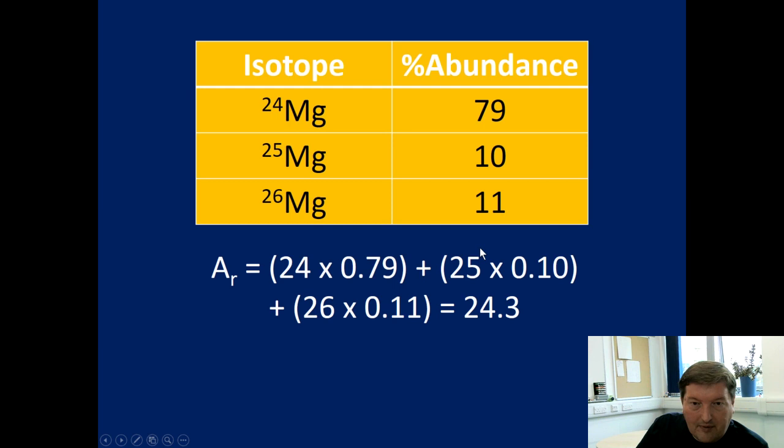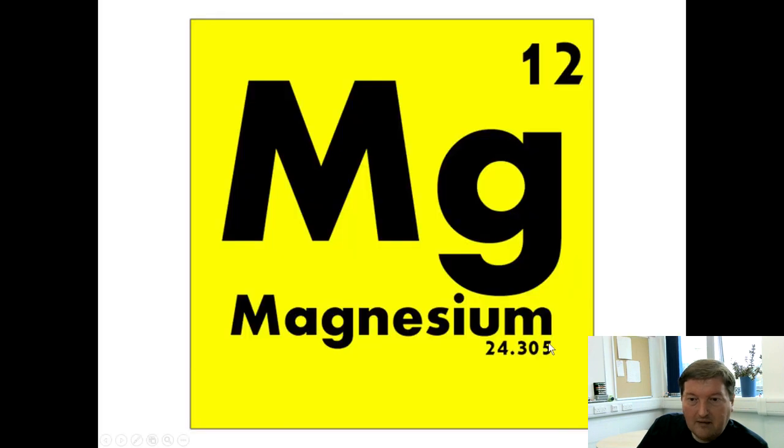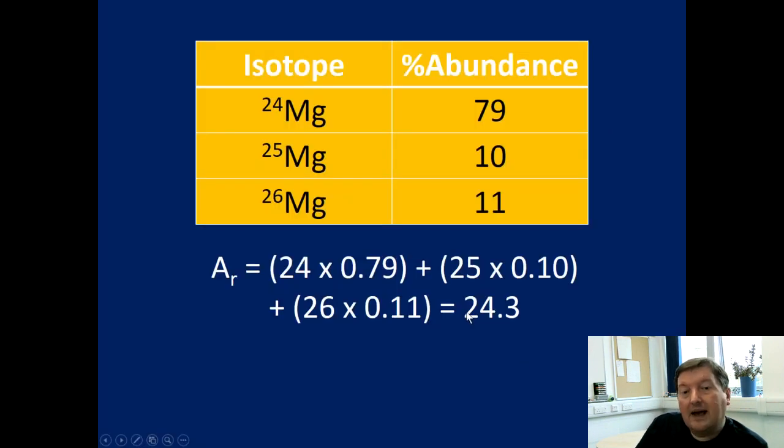So if you add up those products, you get 24.3, which is 24.305 to be more precise, and that's how you would work out the mass number.